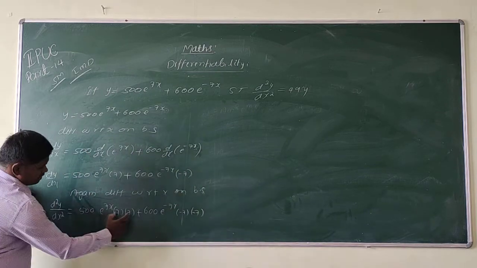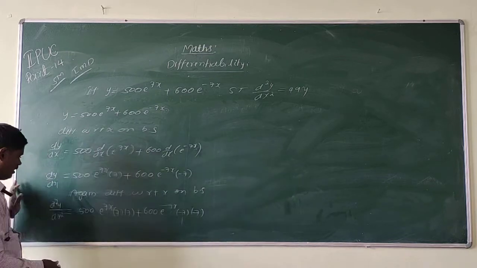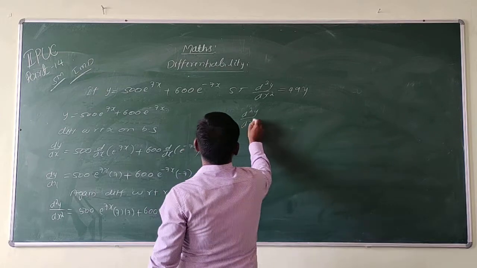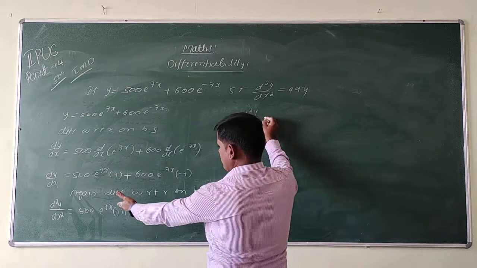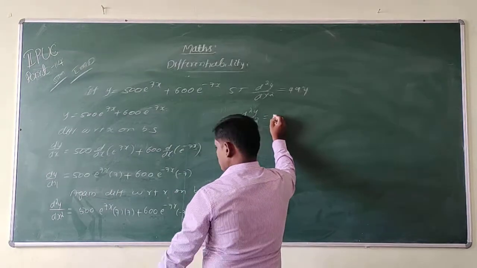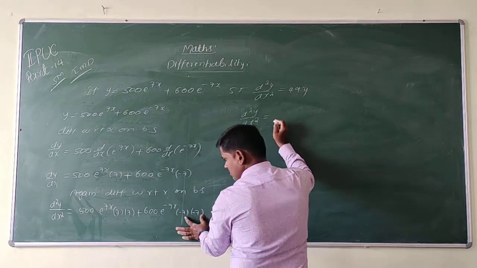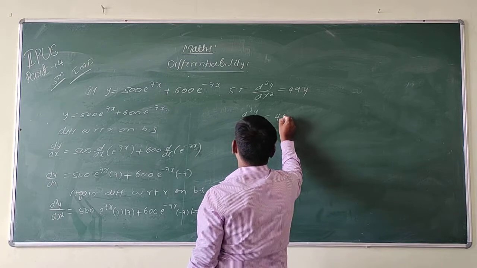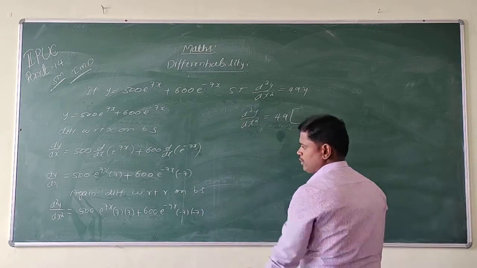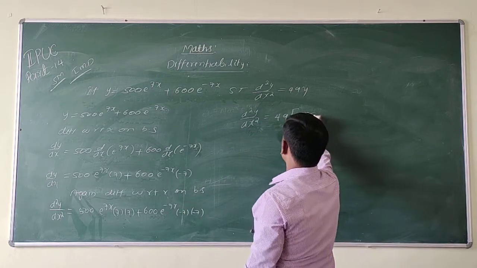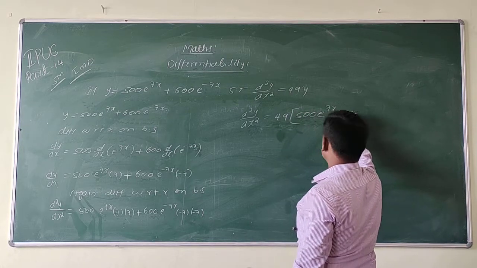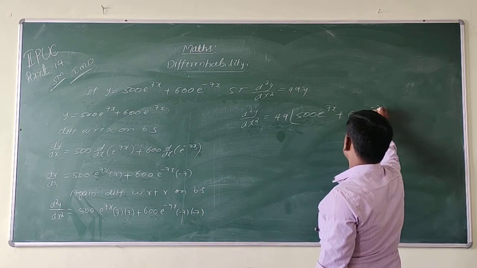Now we multiply these two. Then d square y by dx square is equal to 49, this is 49, minus times minus is plus. I am taking 49 outside: 49 into 500 e to the power of 7x plus 600 e to the power of minus 7x.